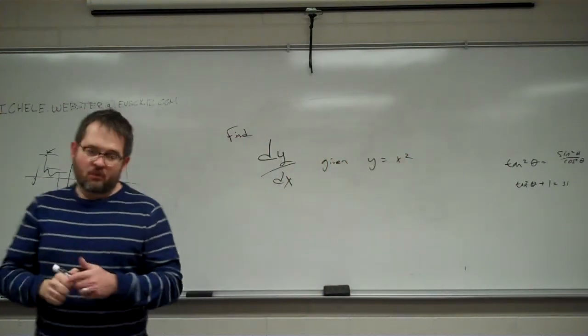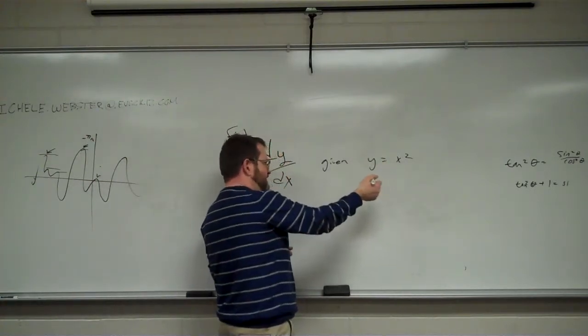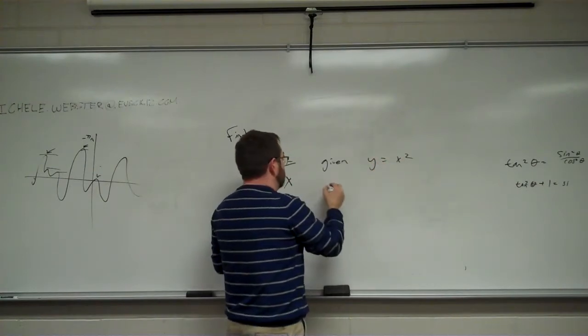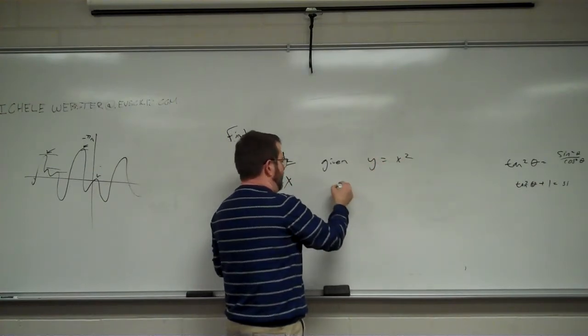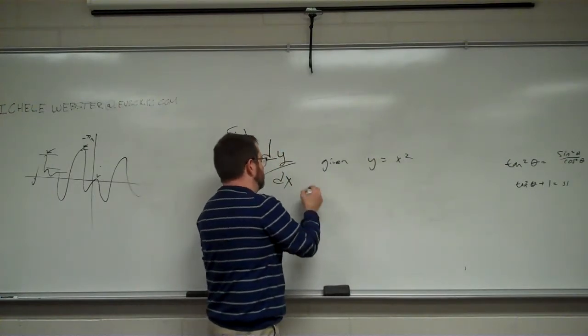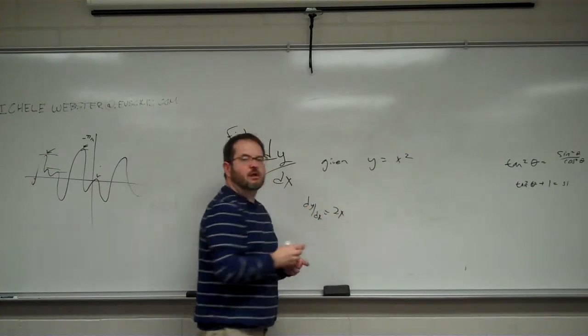How would we solve? Well, dy dx is the derivative of y with respect to x. Y is equal to x squared, so we're taking the derivative of x squared with respect to x. So dy dx is equal to 2x.